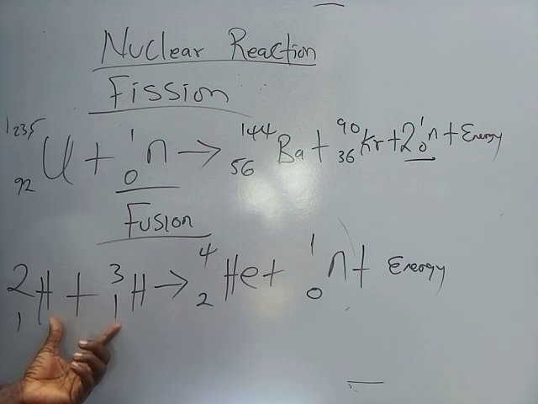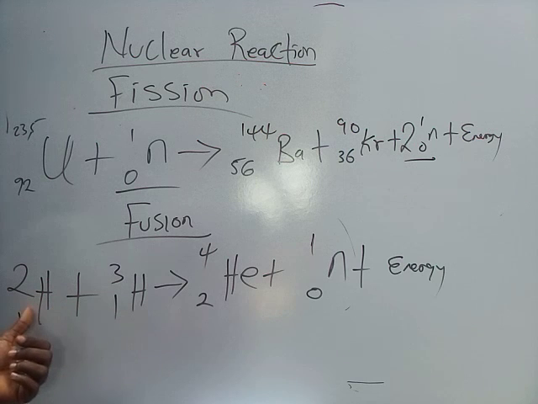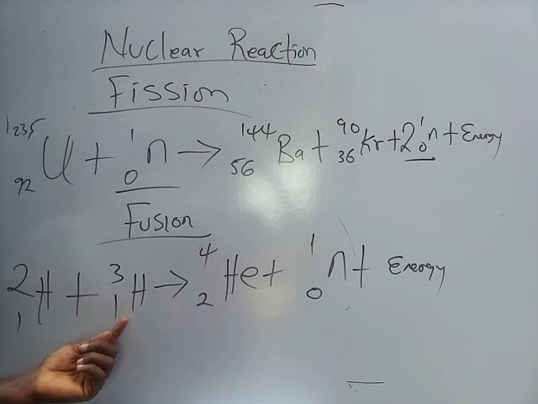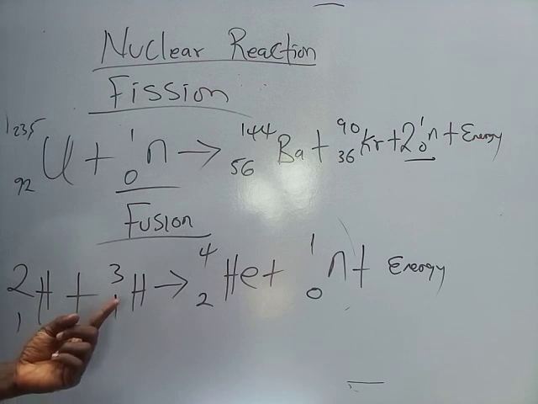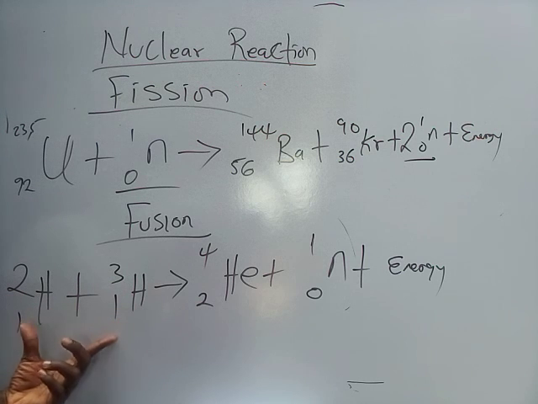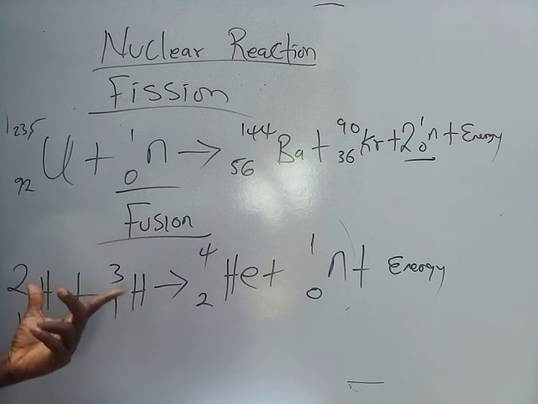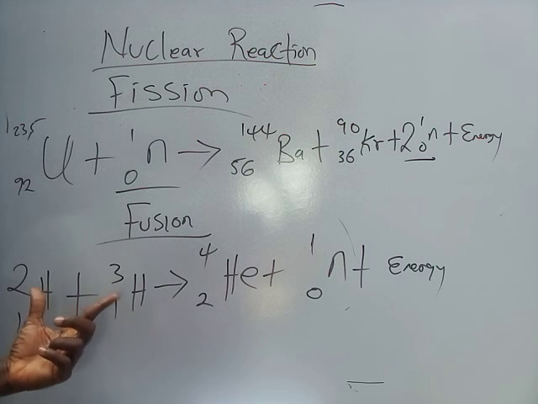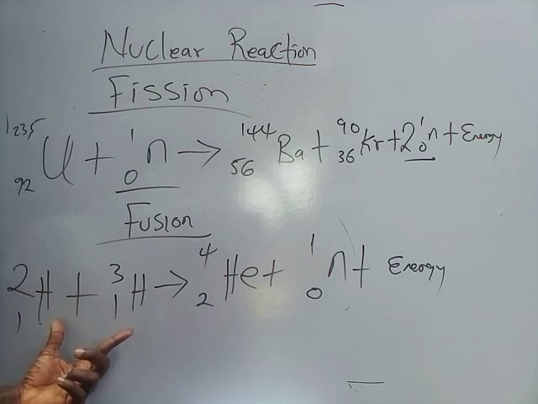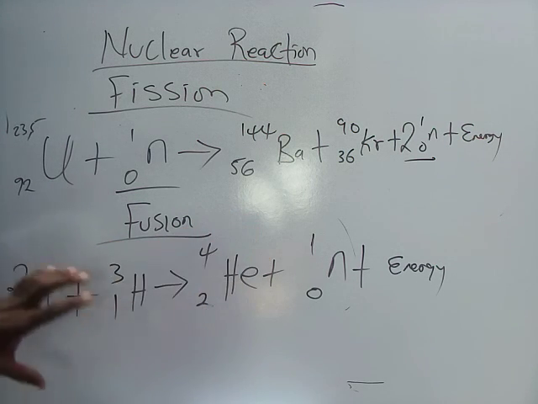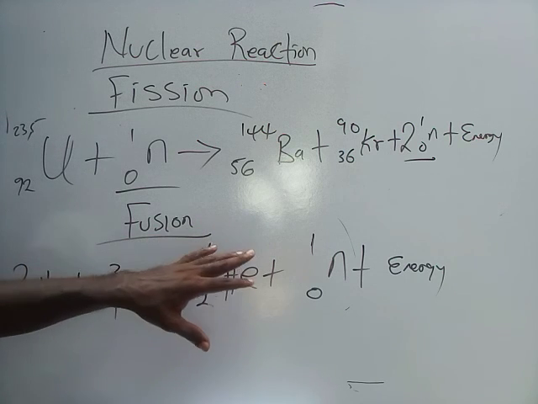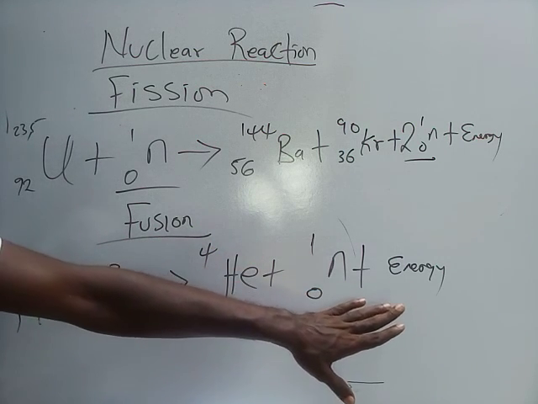Deuterium and tritium come together under extremely high temperature and pressure to form a heavier nucleus, heavier than each of them, which releases a huge amount of energy.